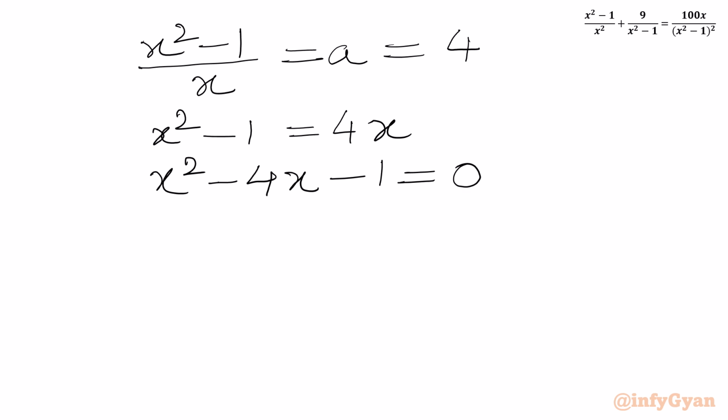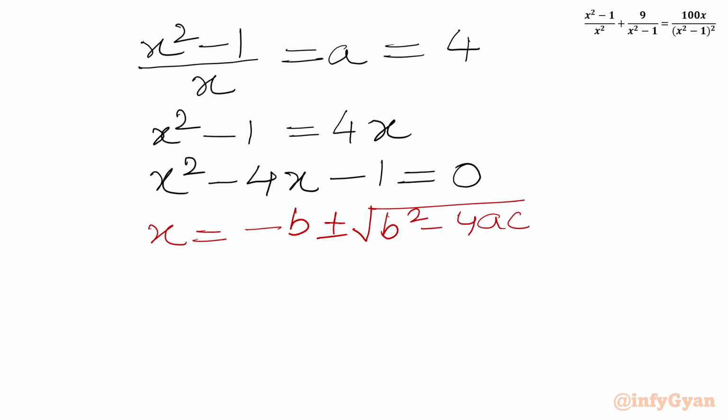Now this equation is quadratic. I will use the quadratic formula. So x will be equal to (−b ± √(b² − 4ac))/2a.